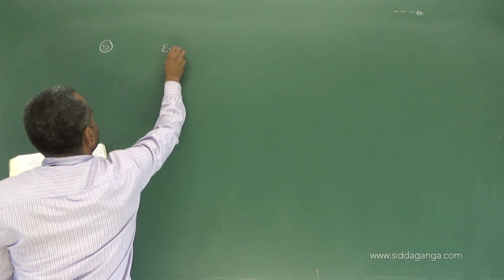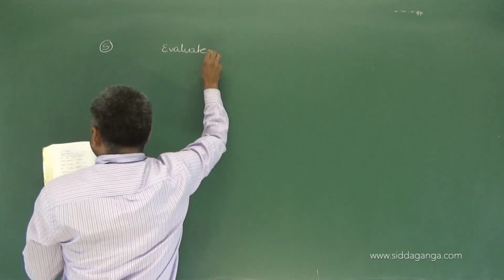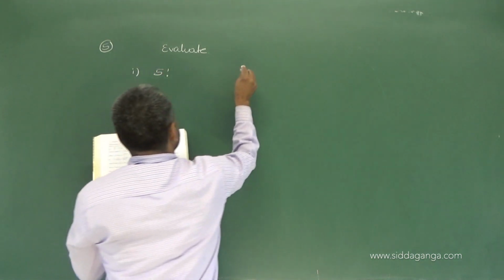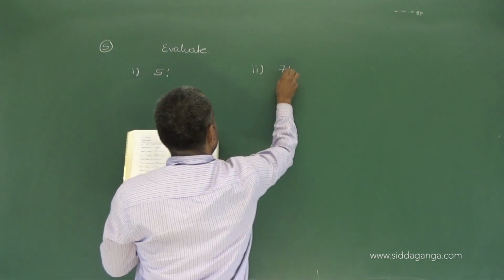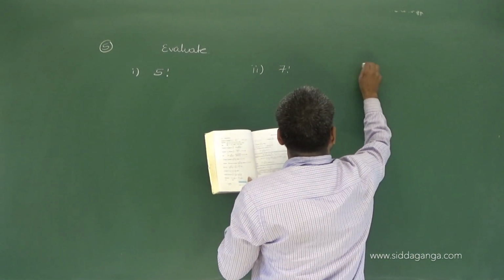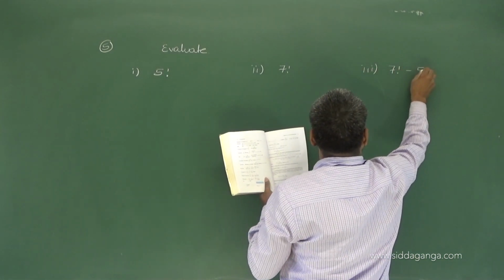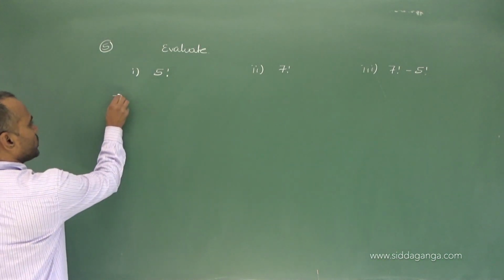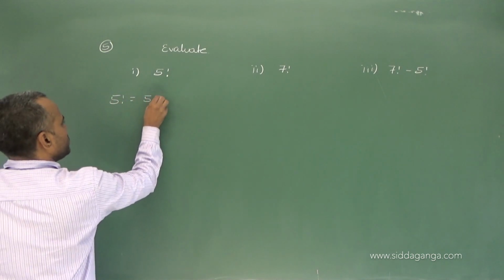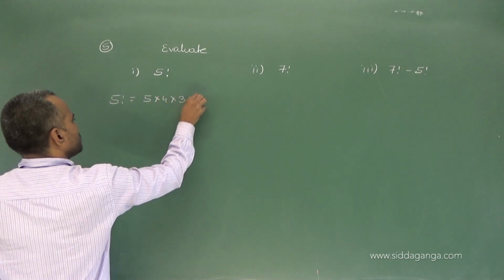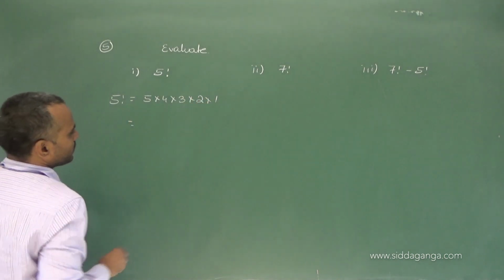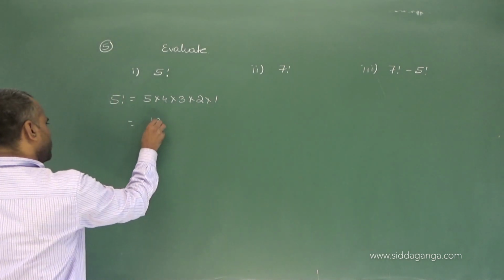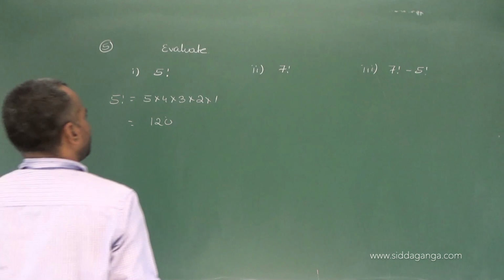Evaluate means first problem in the factorial. Evaluate: first question, 5 factorial. Second one, 7 factorial. Third one, 7 factorial minus 5 factorial. So do it one by one. 5 factorial is 5 into 4, 3, 2, 1: 20, 60, 120. Correct? 5 factorial is 120.